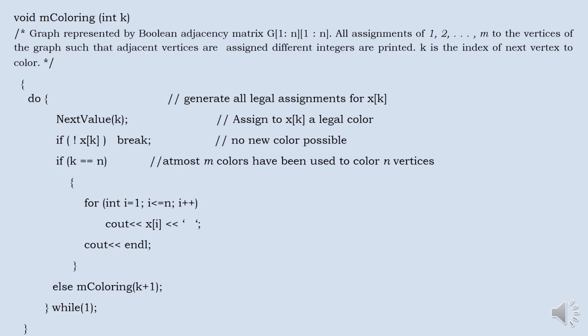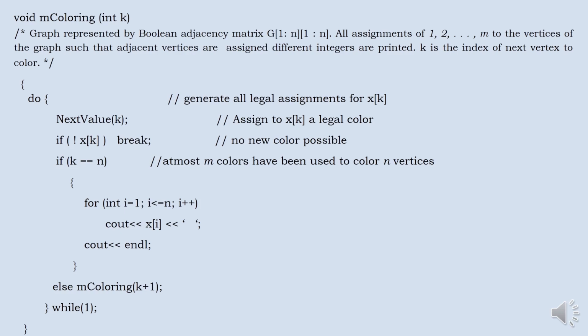In that case, you have to find out the color for the next vertex, so that is the k plus 1th vertex. But before that, also ensure that you have not reached k equal to n. If k was the last vertex, so that is k equal to n, then you have assigned colors to all the n vertices.